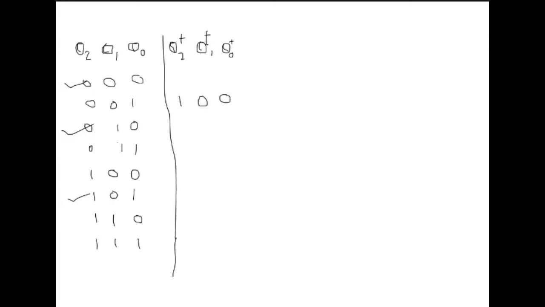If we are in 3, 3 to 1, so 3 to 1 means 001. If we are in 4, 4 to 6, it will be 110. If we are in 6, 6 to 7, 111. And if we are in 7, it is going to 3, and 3 is 011.